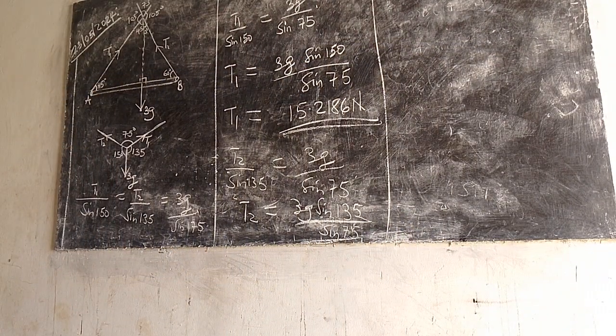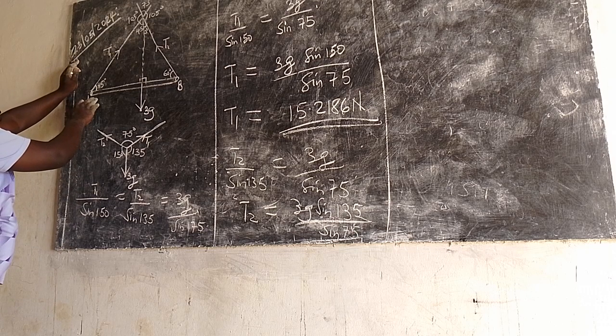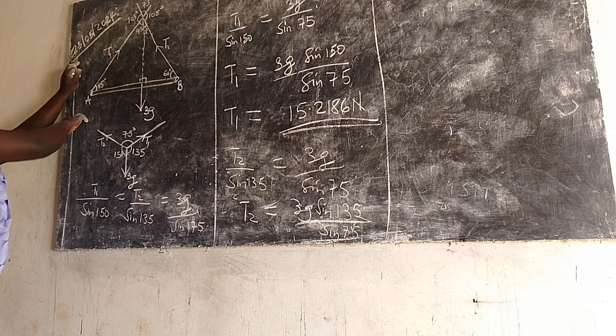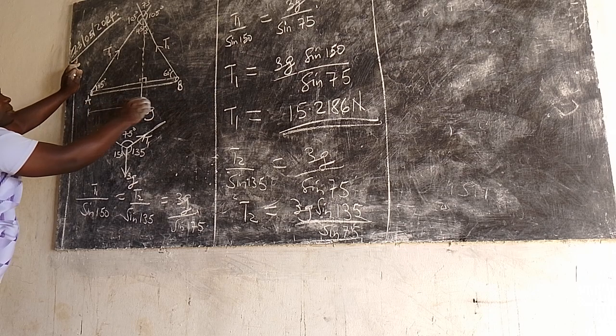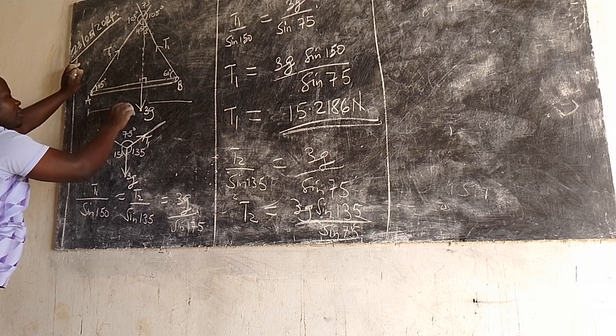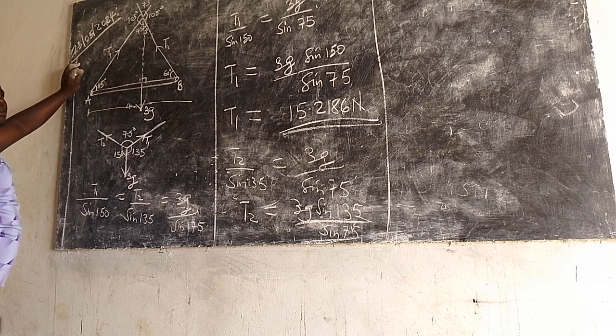Then, the other question wanted us to find the position of the center of gravity. You know, take moments. Now, suppose we say AB is 40 meters. So the distance from here up to here is basically 40 meters.